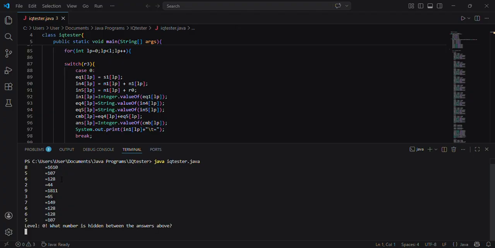So that's how I can guess that the hidden number should be 2, because 5 added to itself gives you 10, and 5 added to another number gives me 7.